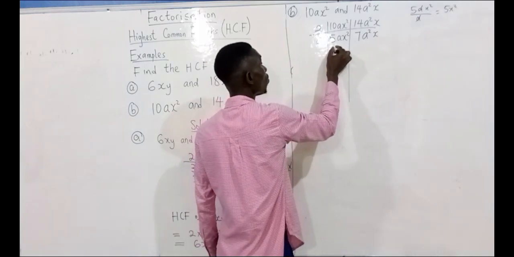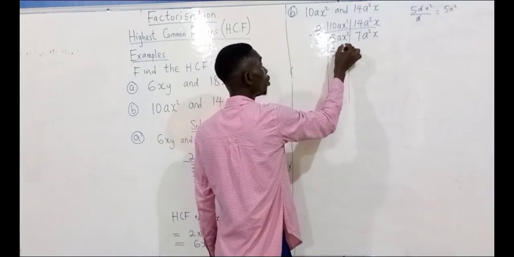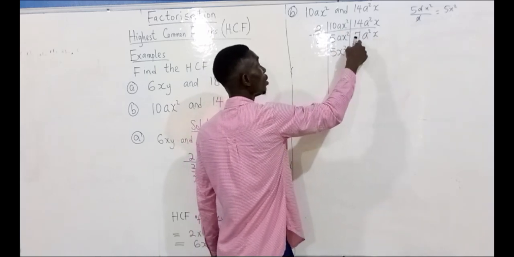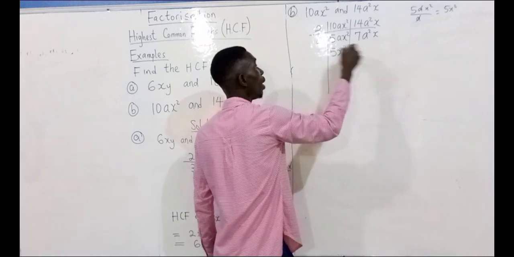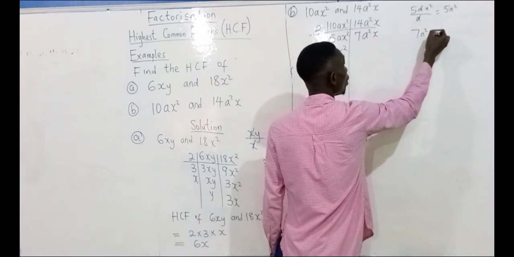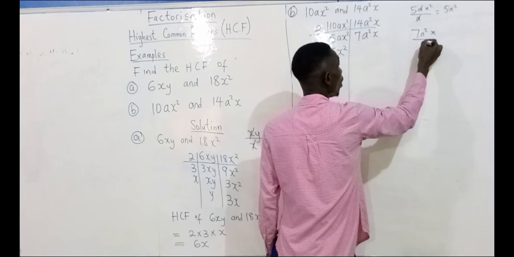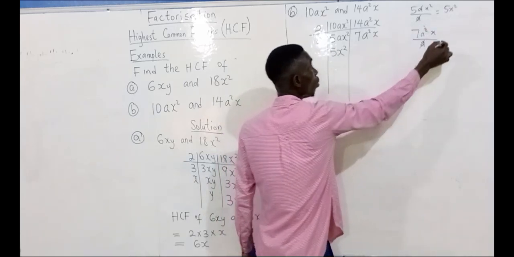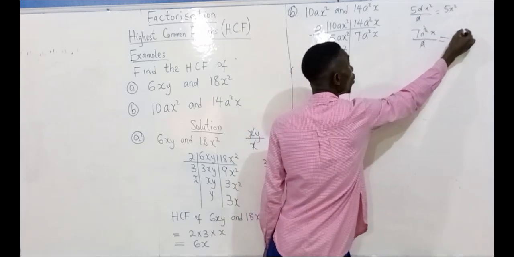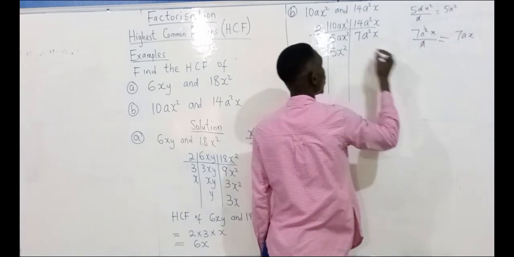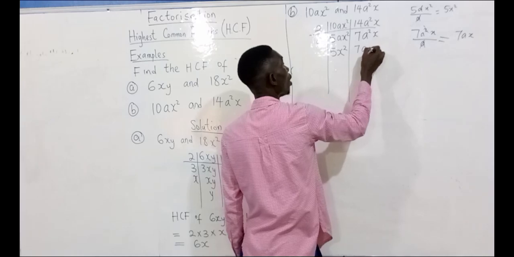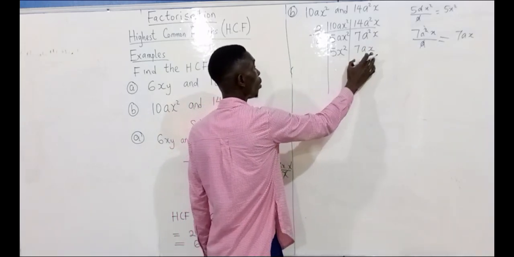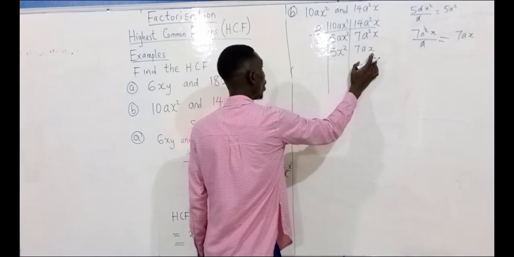So this gives us 5x squared. And 7a squared x divided by a. Remember, we have double a here, so one goes off with this. We're left with 1a here now. So we have 7ax. So what can we do? Here we have x squared, and here we have x.